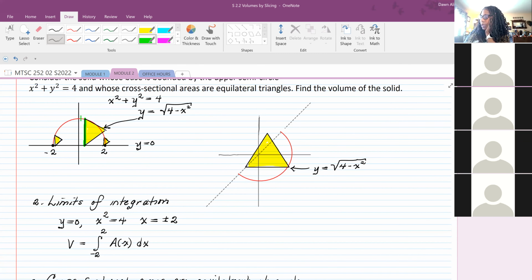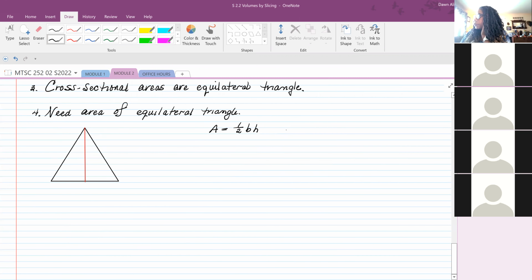And that height for any x is the square root of 4 minus x squared. So we already know what the base is. So now we need to find H.